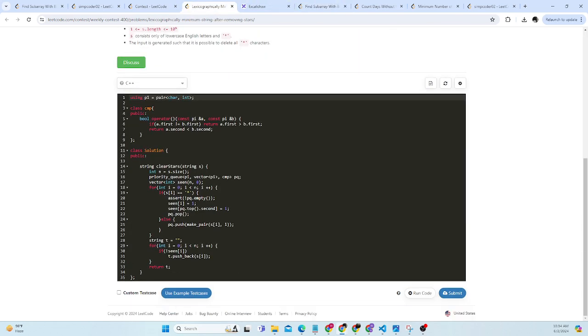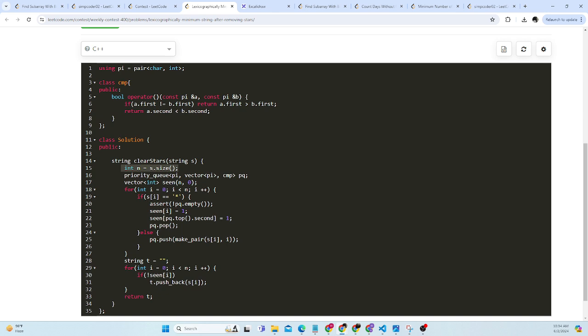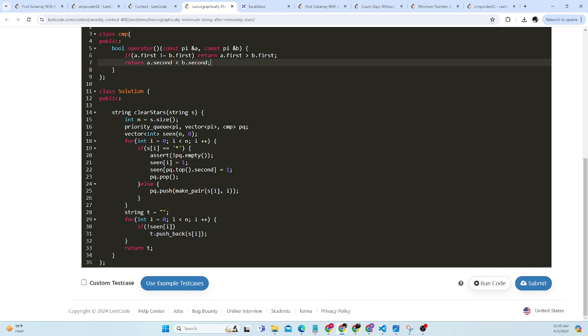So in this particular question, what we did was we maintained the size, and then we had a priority queue. We made a custom comparator which sorts on the basis of smaller character first and larger index first. Whenever we don't encounter a star, we'll simply push the character and the index. But if a star came, we'll mark the star index and the index of the top element as 1, and then we'll pop it.